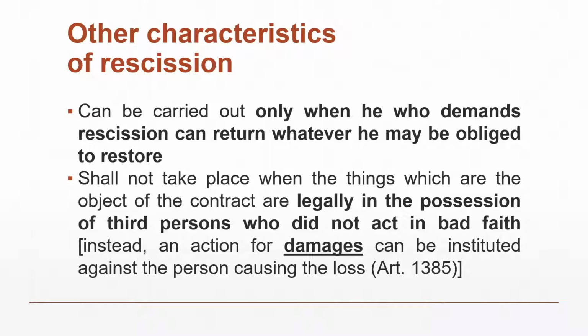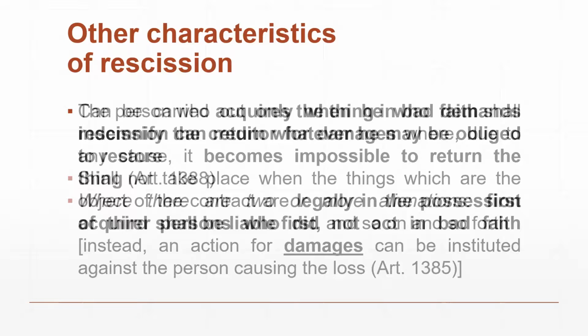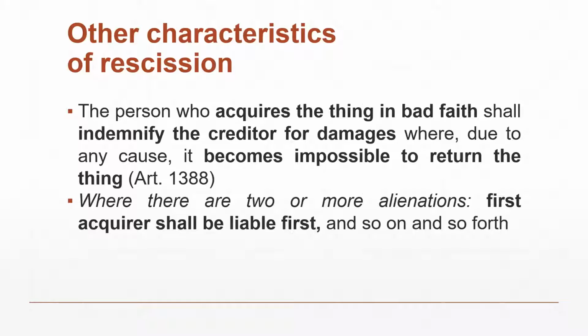So what then would be the remedy of the aggrieved party? Damages na lang. An action for damages can be instituted instead against the person causing the loss. Now, the person, on the other hand, who acquires the thing in bad faith shall indemnify the creditor for damages where due to any cause, it becomes impossible to return the thing.